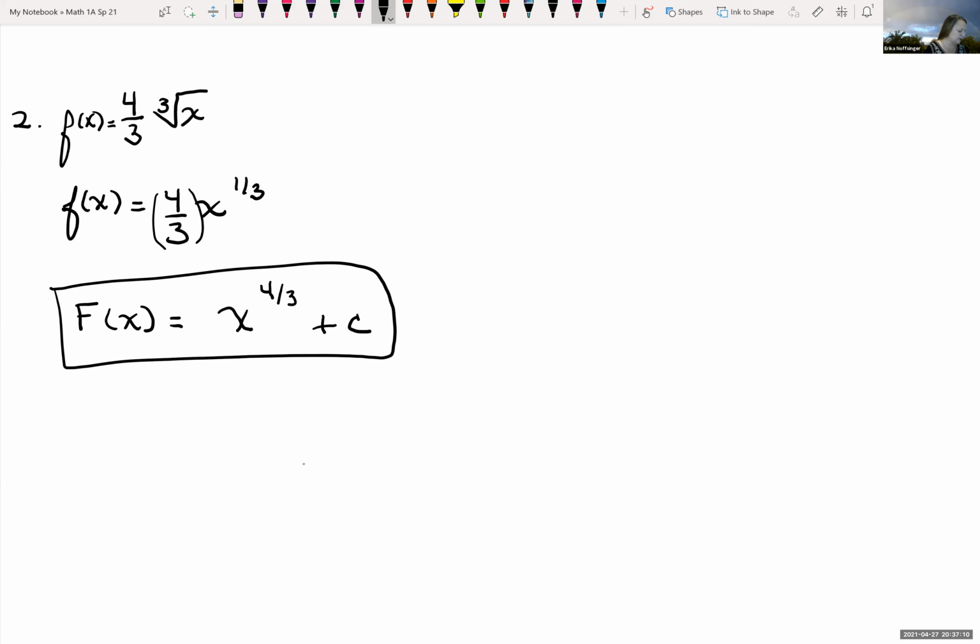What about f of x equals secant x tan x? So what can we take the derivative of that would get us back secant x tan x?